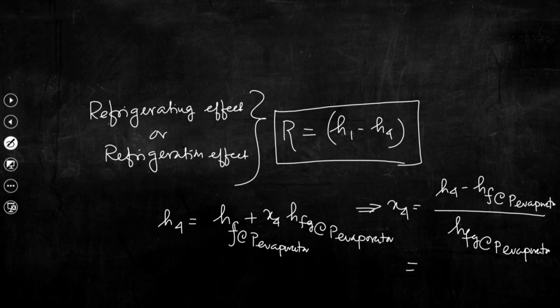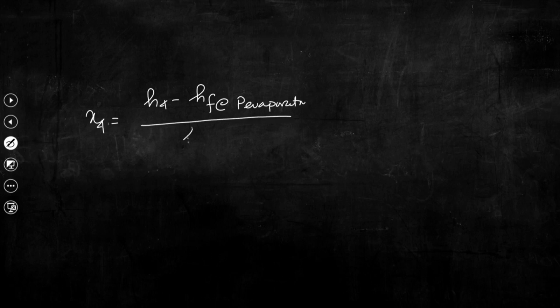Now, if we go to the next slide, then we can write that X4, that is H4 minus HF at P evaporator divided by HFG at P evaporator.